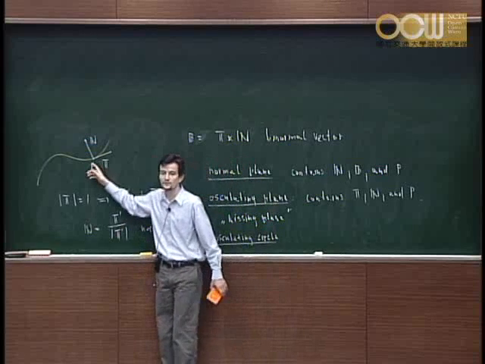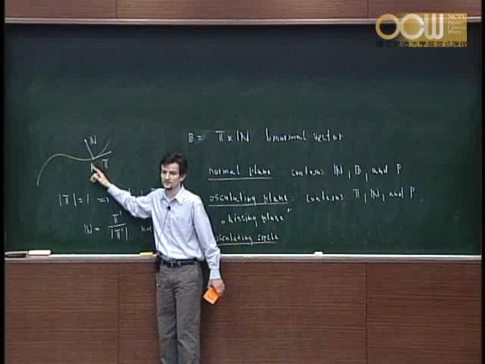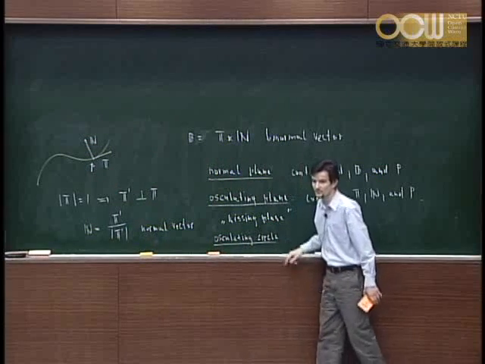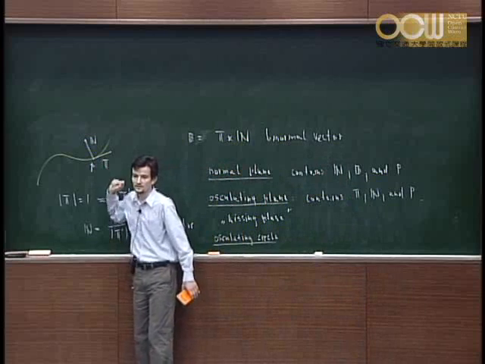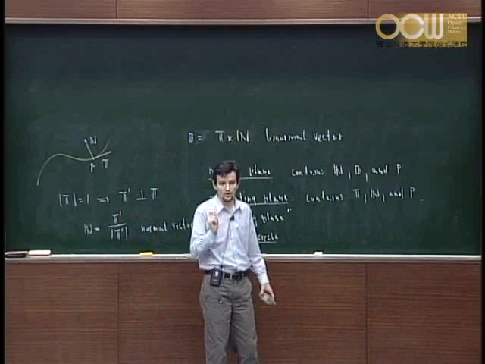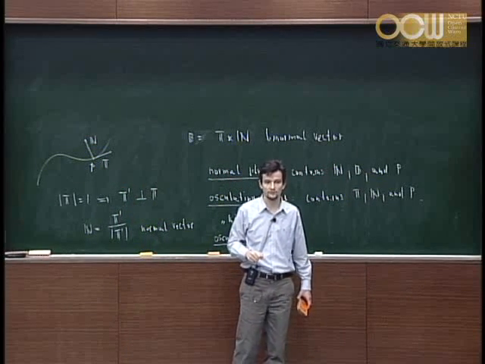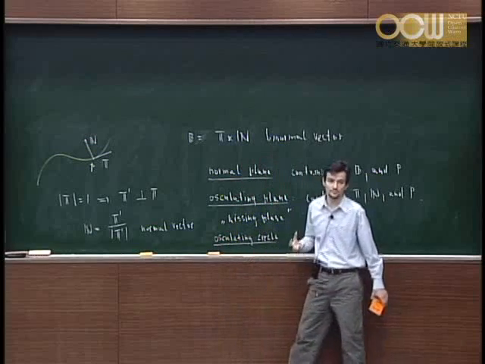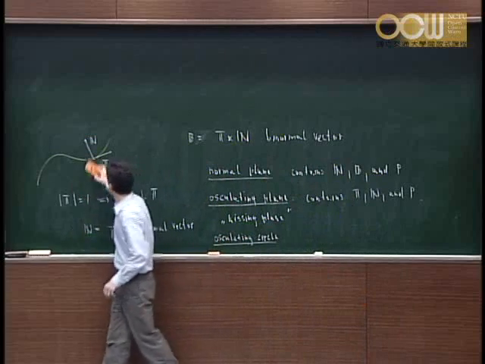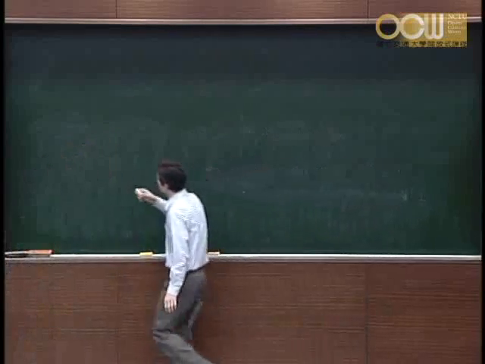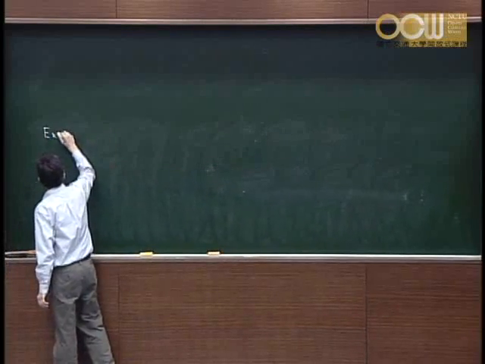And the osculating circle is the circle which describes locally around P the curve best from all the circles you can choose. So the osculating circle is a pretty good approximation locally of the curve. So maybe let's look at an example. Let's look once more at this example.